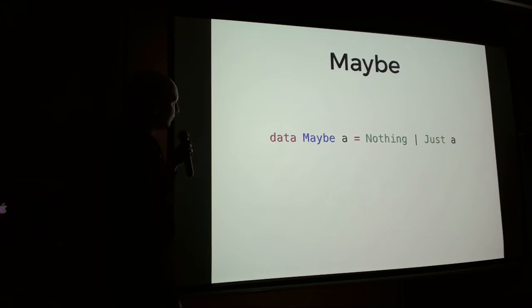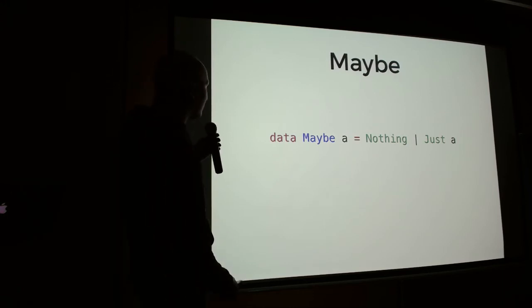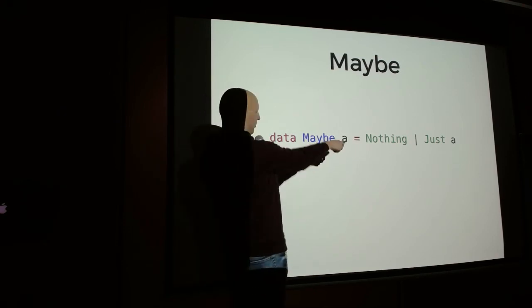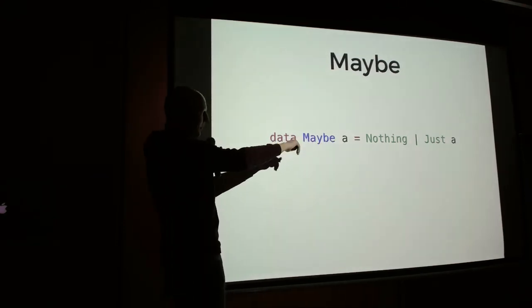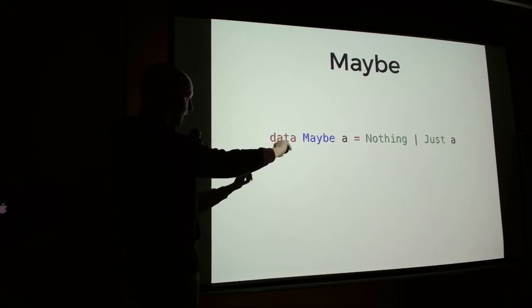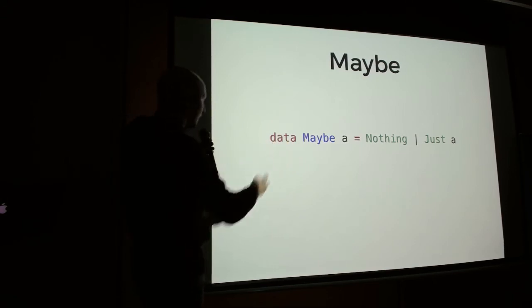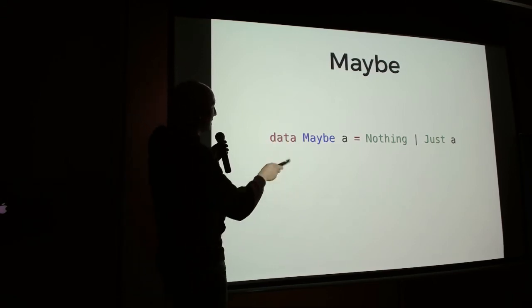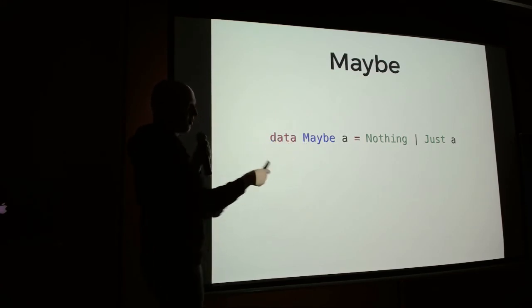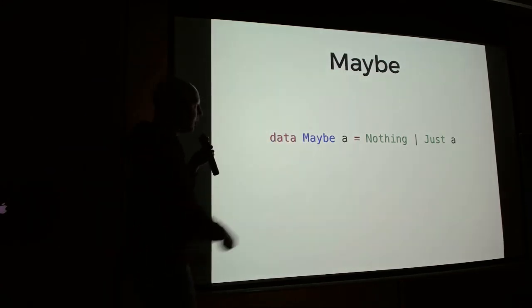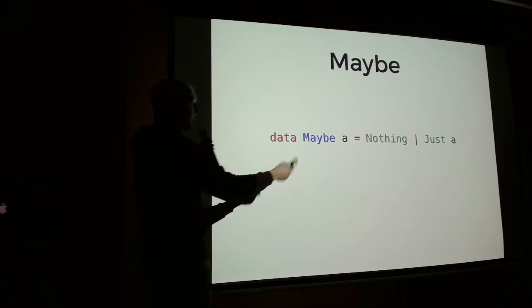Then maybe is defined. If we just consider a bit of a different kind of definition. So basically, maybe is nothing, which is null or undefined in JavaScript, or just some value of type A, right?